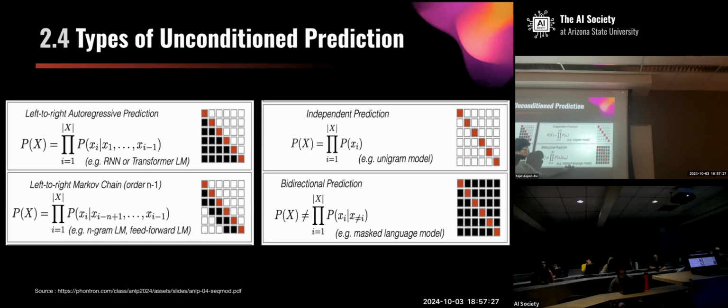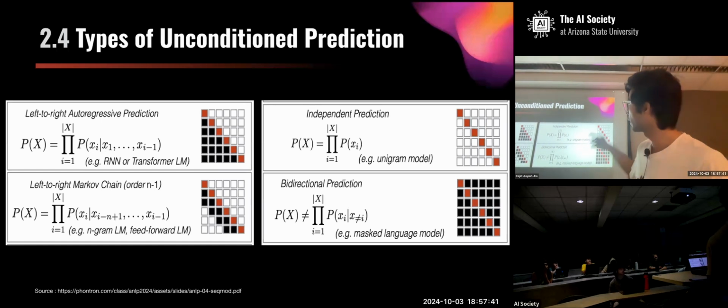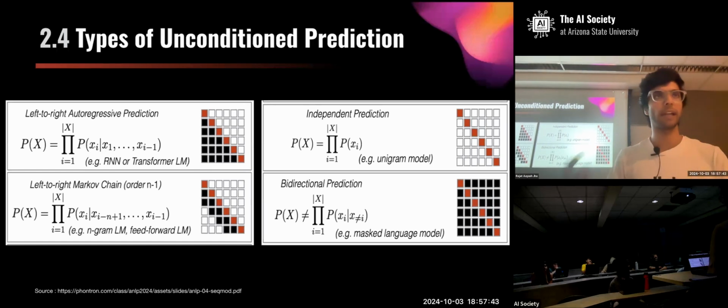So that is why it is not a true language model as such, but people generally use this notation to represent it. So these are types of unconditioned sequential prediction, where you are not given a y, you are just generating x.